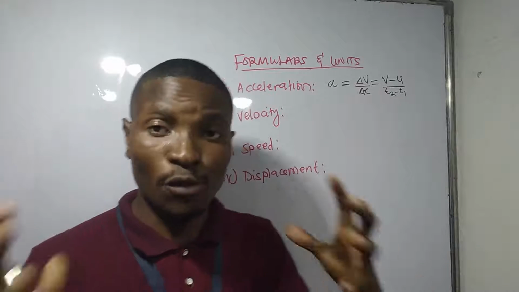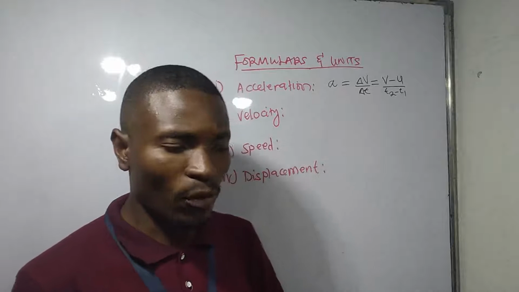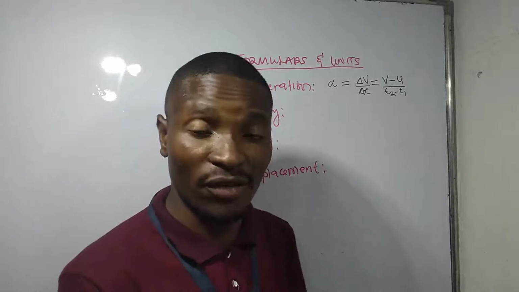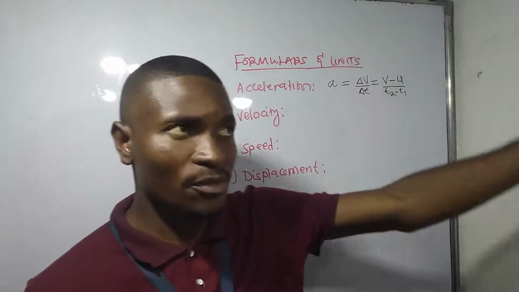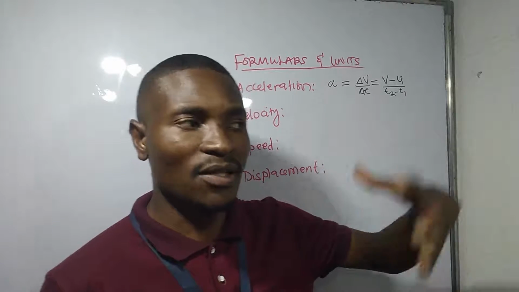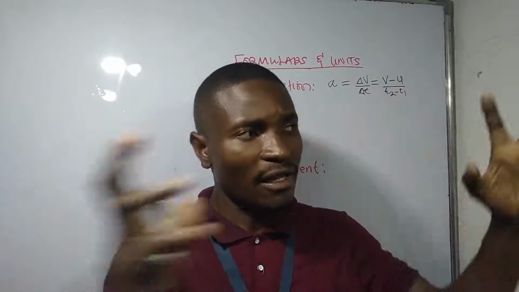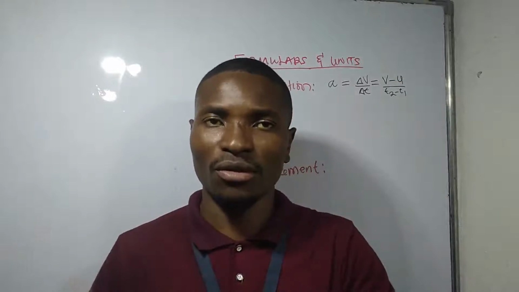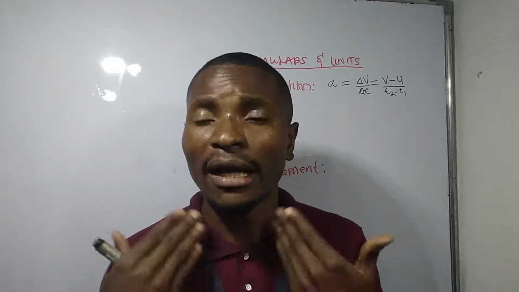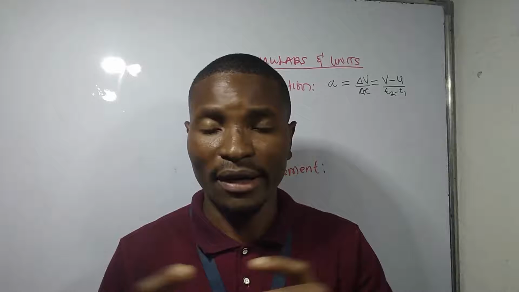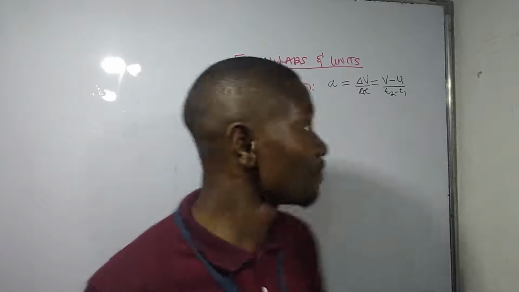When an object is set in motion, it has the initial velocity, and when an object stops moving, it has the final velocity. So the difference between the final and the initial velocity is what gives you the change in velocity. Make sure you understand that.